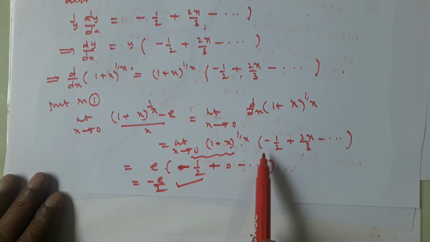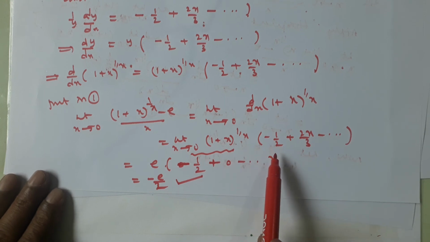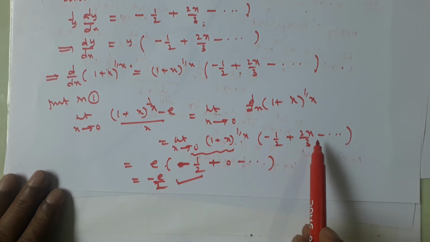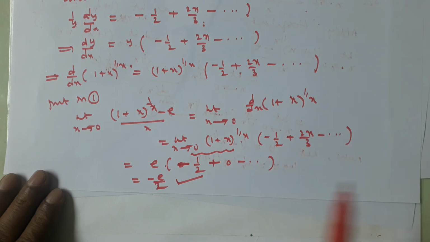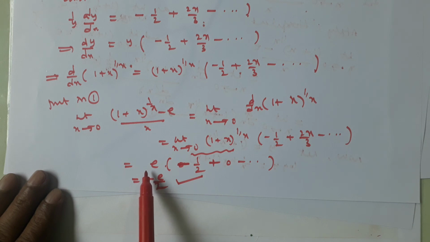The limit of the constant is constant; in minus 1 by 2 plus x terms, x tends to 0 means those are 0, and the remaining terms are all 0. So the limit is e into minus 1 by 2, which is minus e by 2.